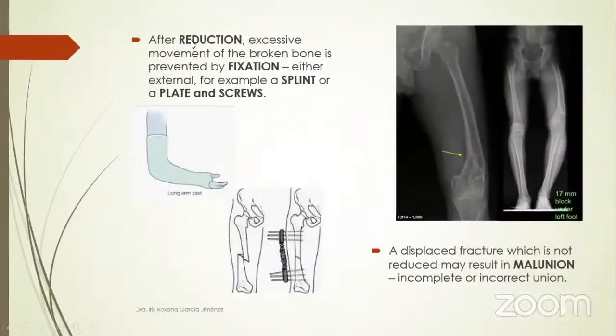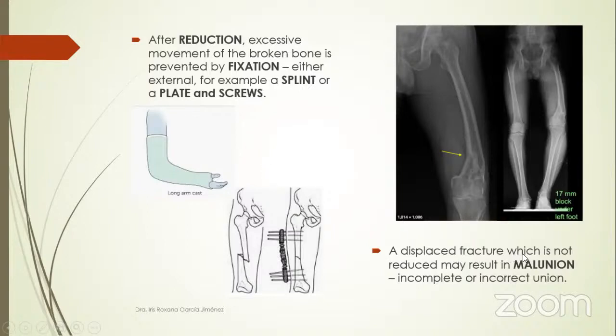After reduction, excessive movement of the broken bone is prevented by fixation, either external, for example, a splint, or a plate and screws. This is the plate and screws. This is a cast. We are going to see examples of splints.